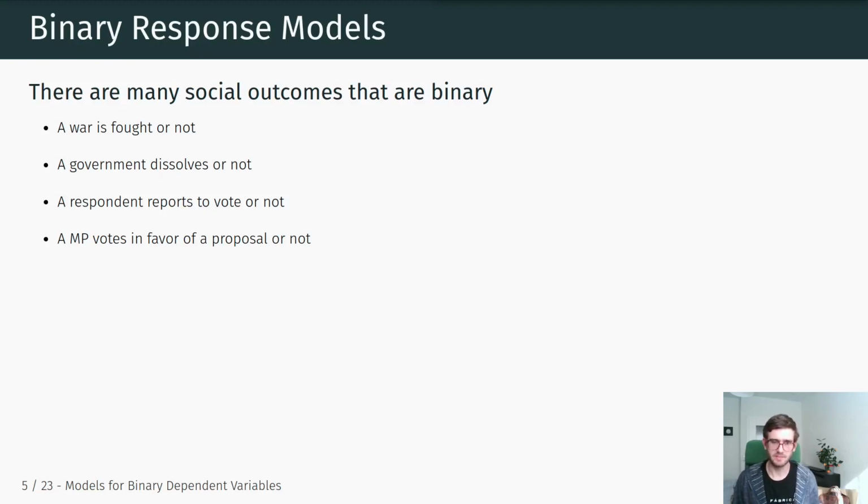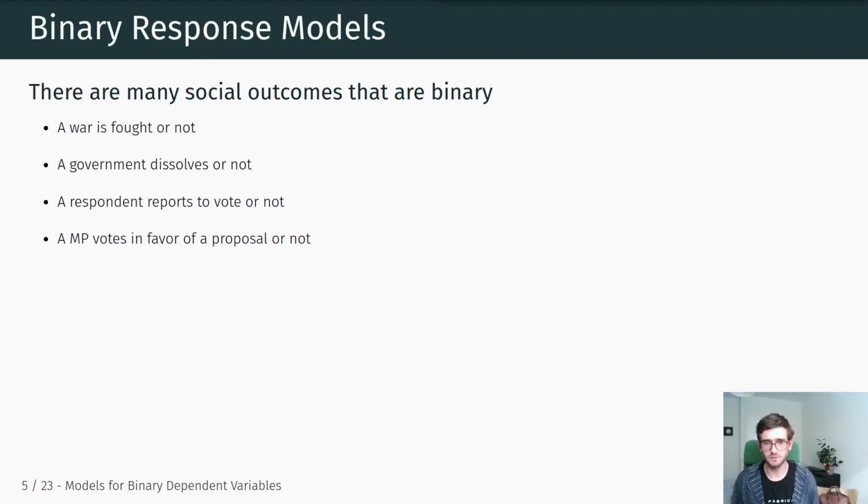Again, we have a dichotomous outcome where we're interested in finding variables that are associated with predicting either a vote in favor or a vote opposed, or whether or not the probability for the onset of conflict is increased versus not, right? So across disciplines, there are a lot of outcomes, a lot of phenomena that we can ultimately think about as binary, as dichotomous, and where we're interested in factors that affect the probability of observing one value versus another value.